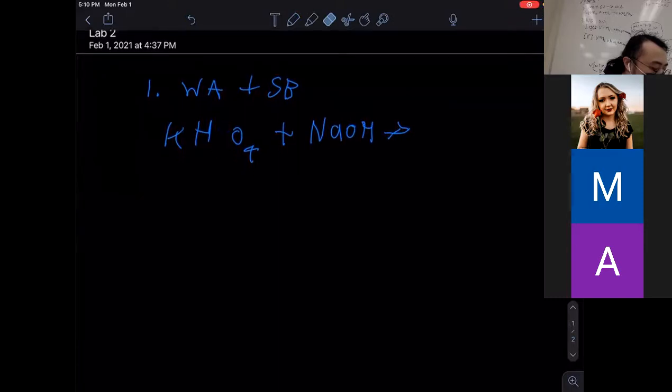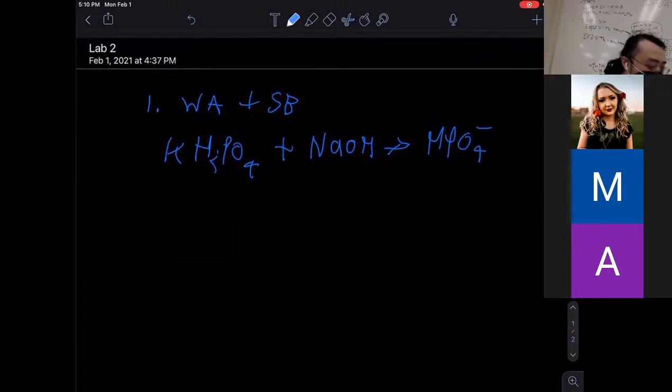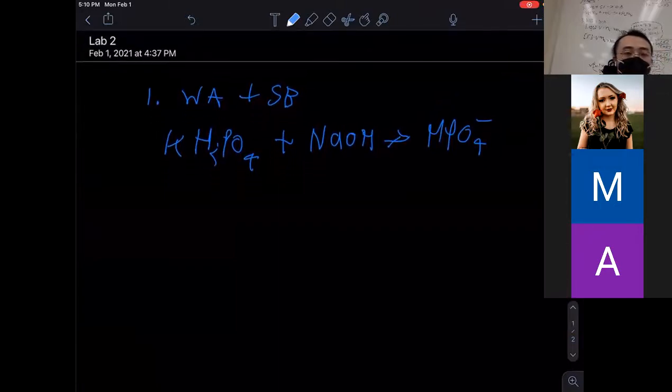So this is H2PO4 minus. Then we said we had 1 molar sodium hydroxide. And did we say we had 0.1 molar for potassium phosphate?